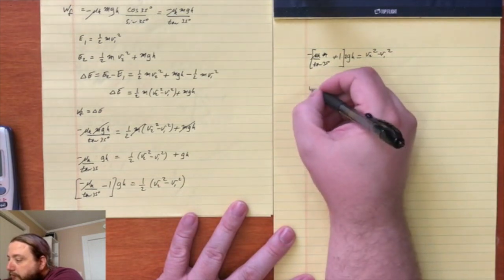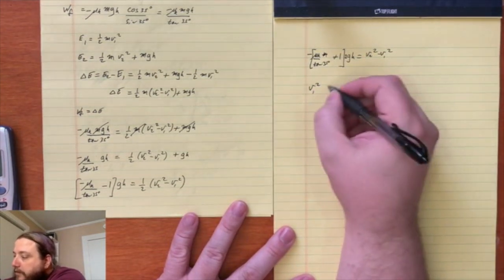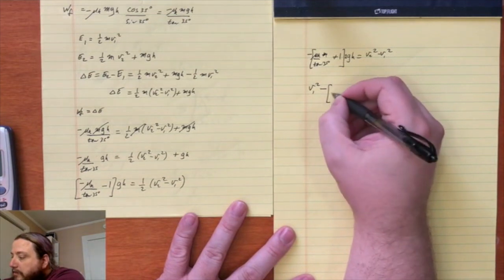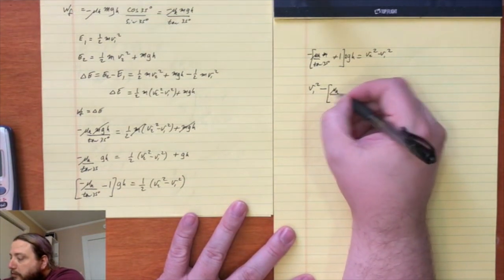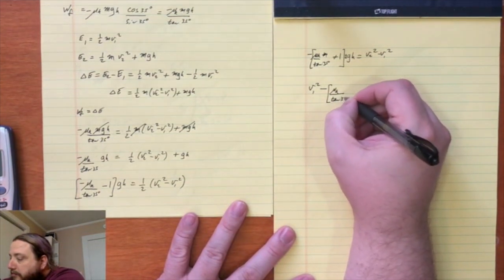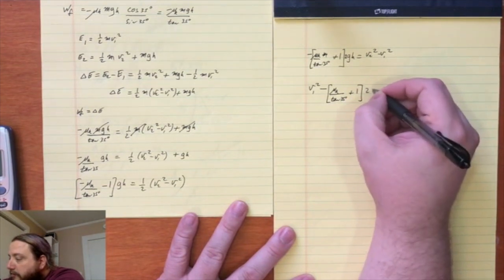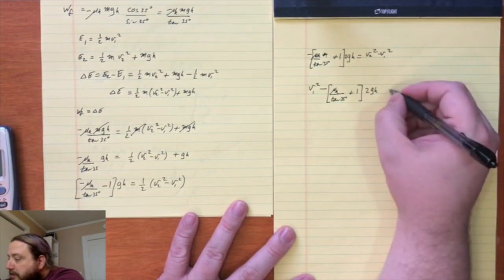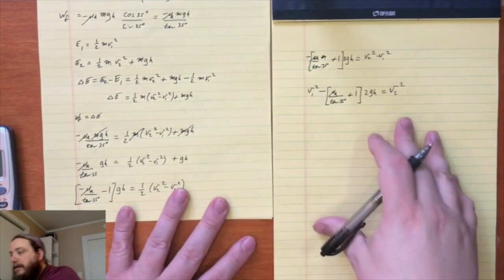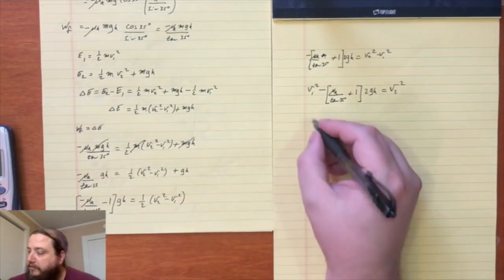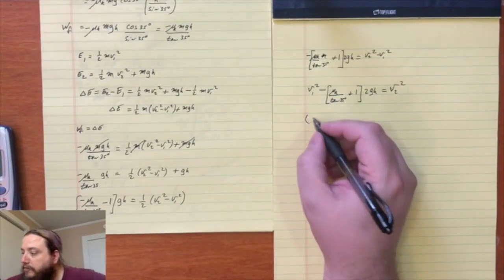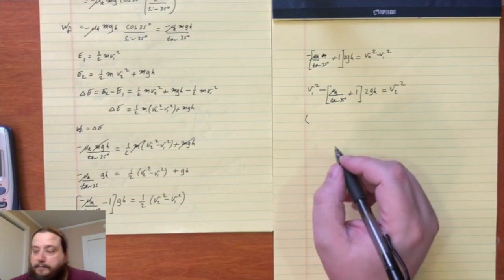So v1 squared minus (mu k over the tangent of 35 degrees plus 1) times 2gh equals v2 squared. Let's go ahead and start plugging in some numbers here.